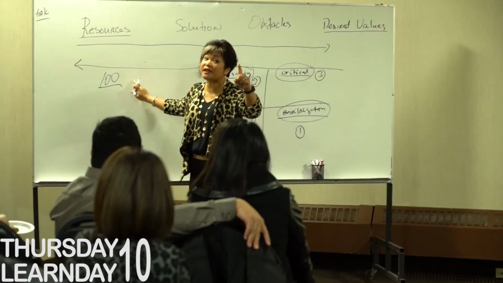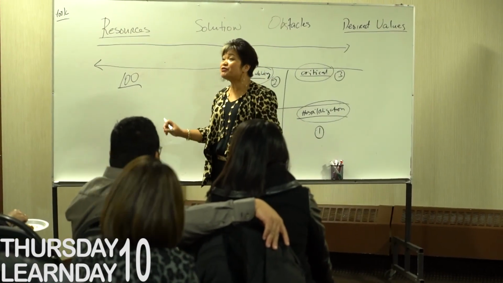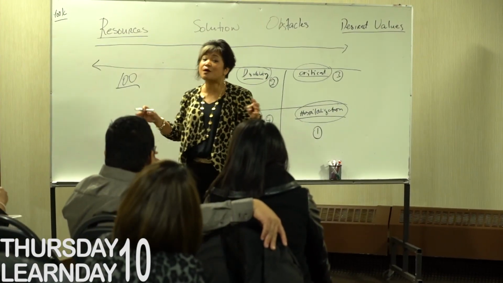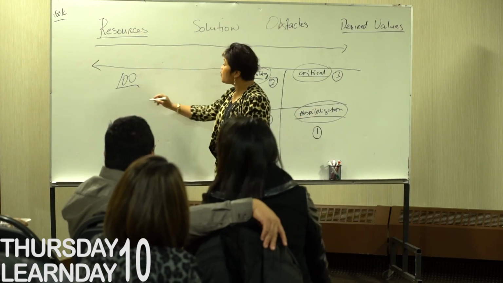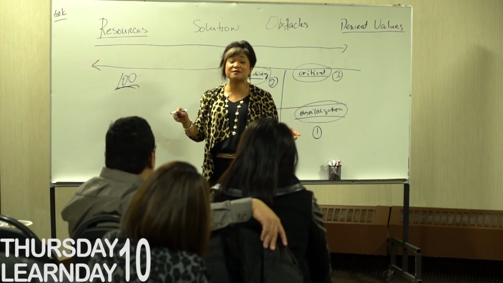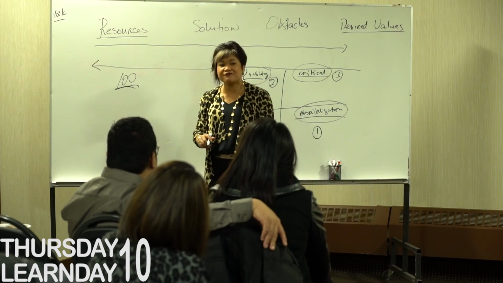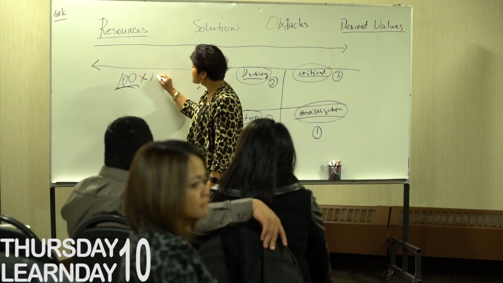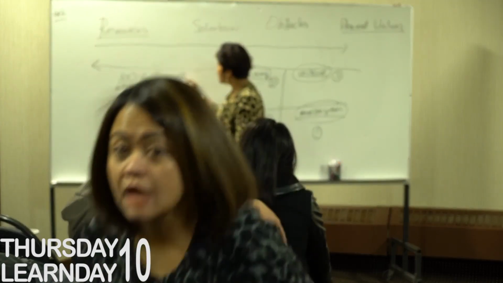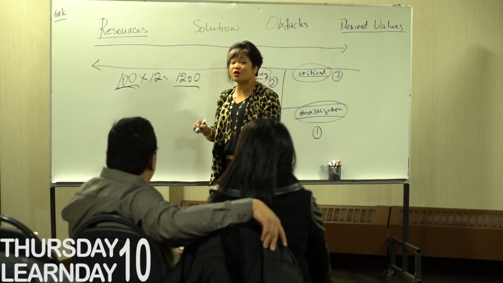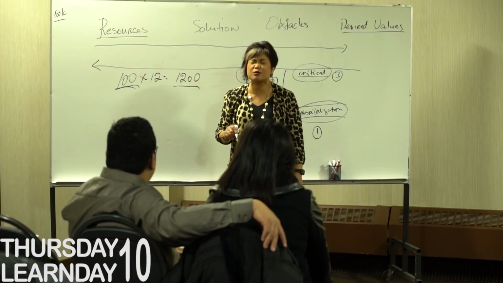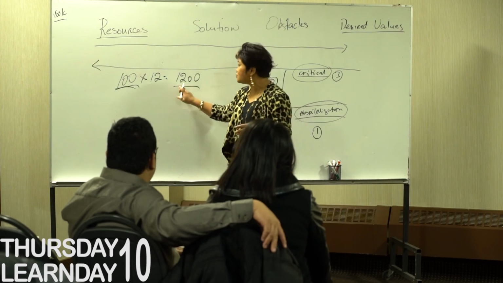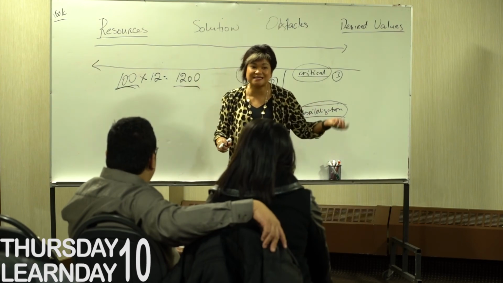I'd rather put my money in an investment than put it in there. Perfect. $100 every month. Can you multiply 100 times 12, please? 1,200. So in 1 year you have $1,200 in your investment account.